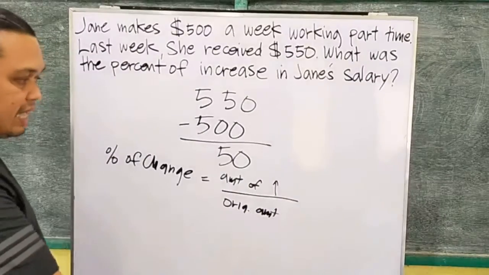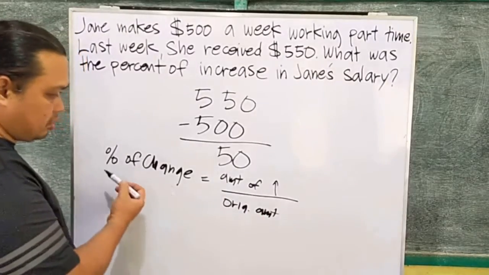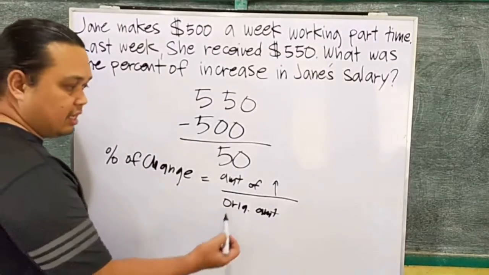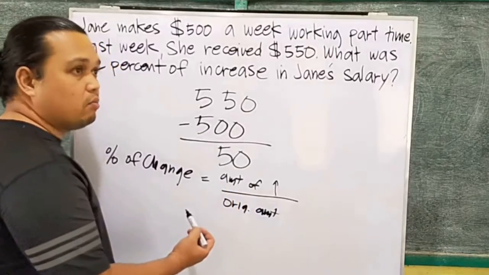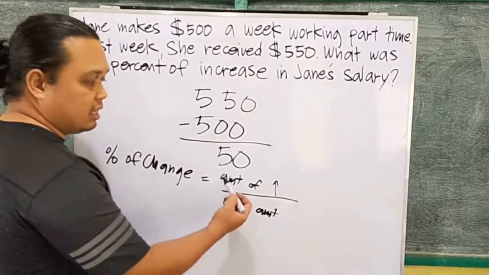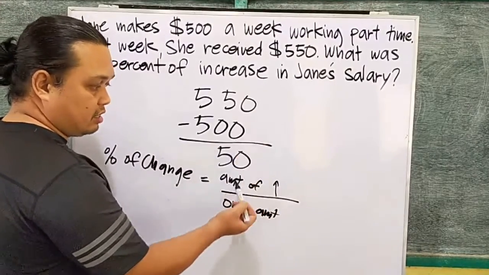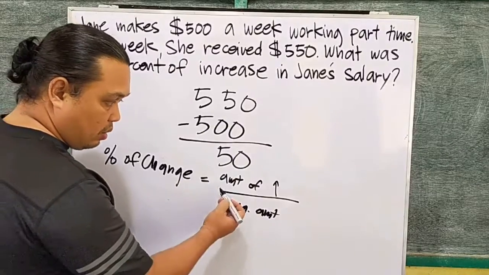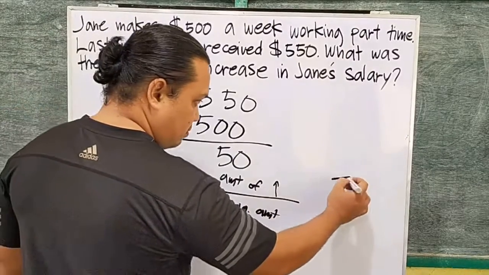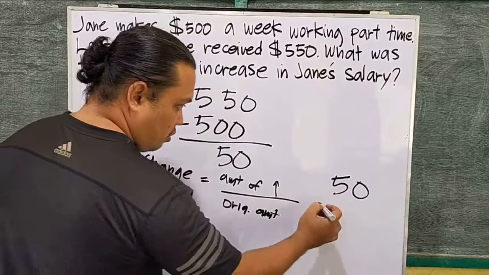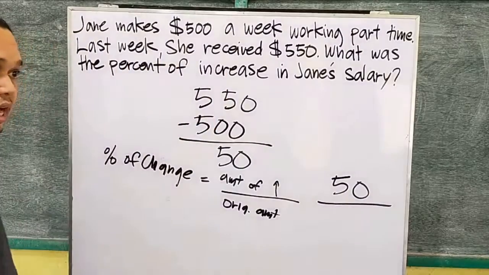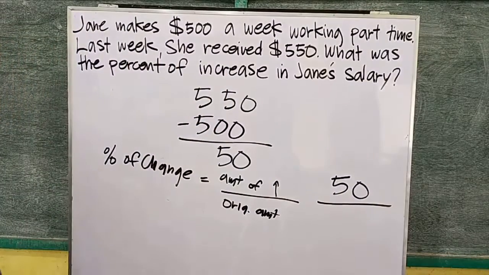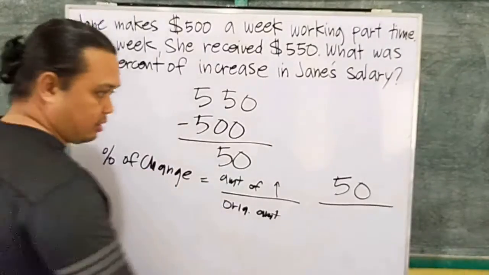So the amount of increase, to find the percent of change or percent of increase, is how much the increase of Jane's salary is. That's 50, and that is our amount of change. That is 50 over the original amount of Jane's salary, which is 500.